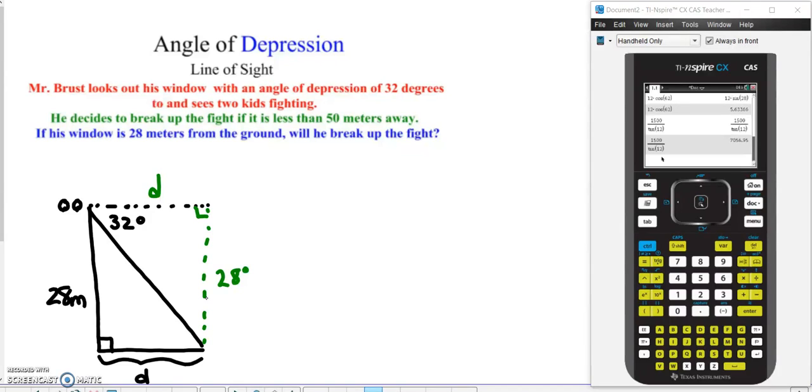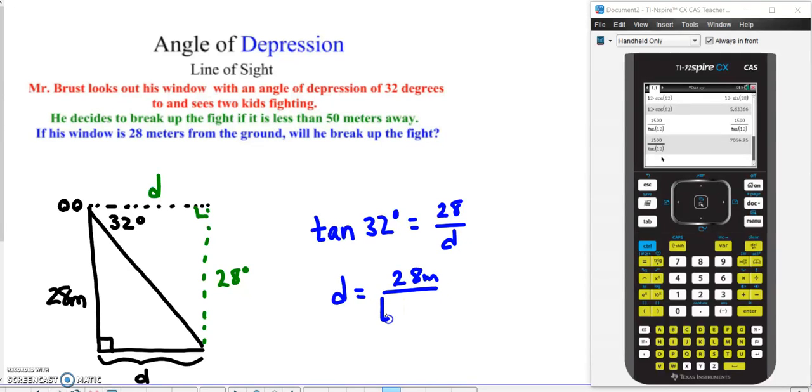So we have the tangent of 32 degrees. Well, the tangent is opposite, 28, over the adjacent, D. So our distance is 28, and I think we're in meters, over the tangent of 32 degrees.